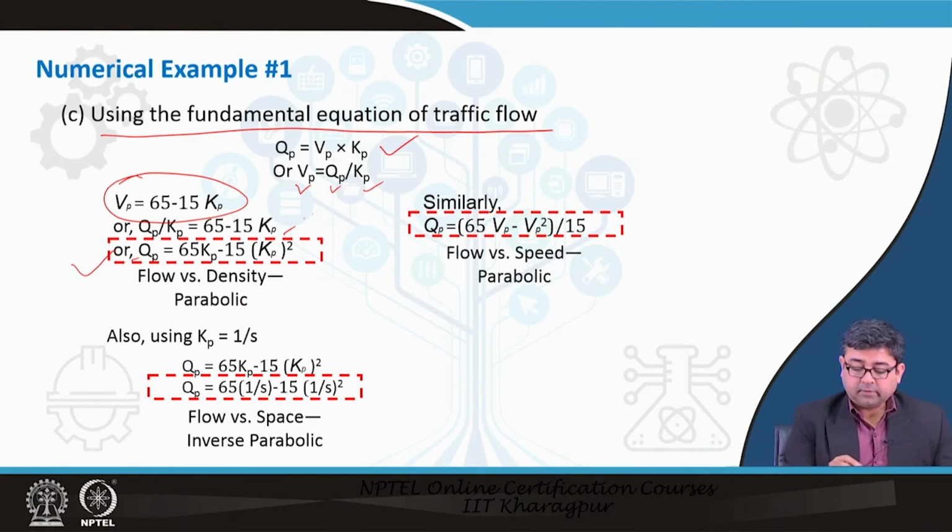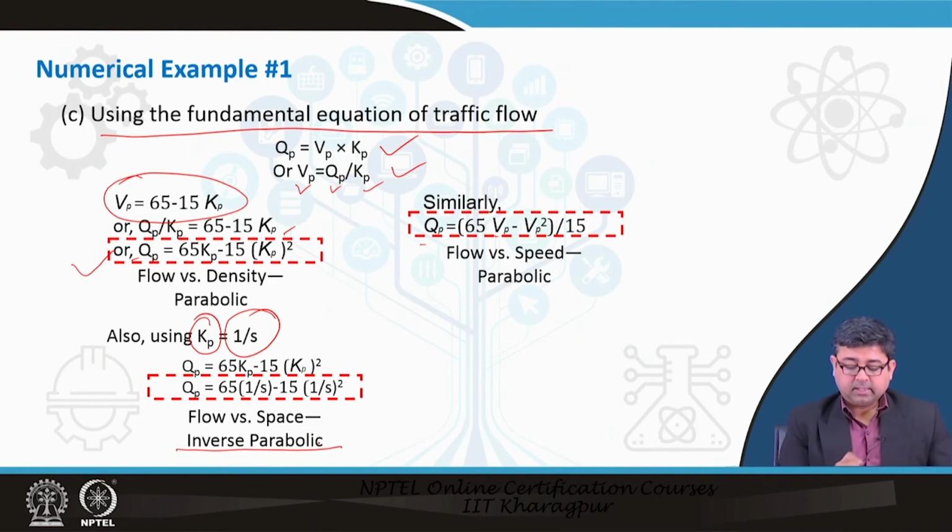Similarly, if you convert this into a relationship between q and Vp, flow and speed, that is also parabolic. And if you don't want to use density, which in many pedestrian cases we do not see directly, but want it in terms of space, then this becomes an inverse parabola.